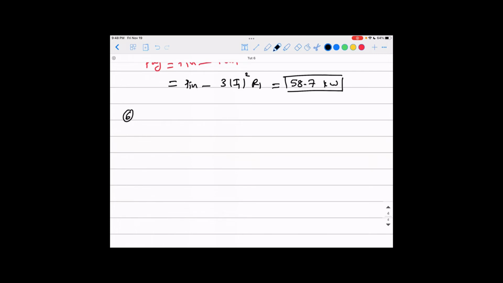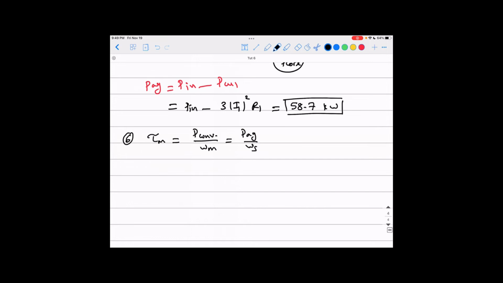Number 6, he wants you to find the converted torque, or the motor torque, or the developed torque. They are all the same thing. Like we said, it can be calculated from P converted over omega m, or from P air gap over omega s. They give the same thing actually. I like to go with P air gap over omega s because we just calculated P air gap, so we don't need to calculate anything else here.